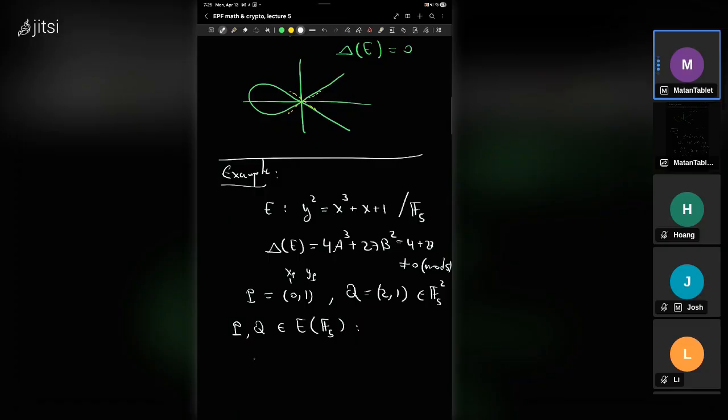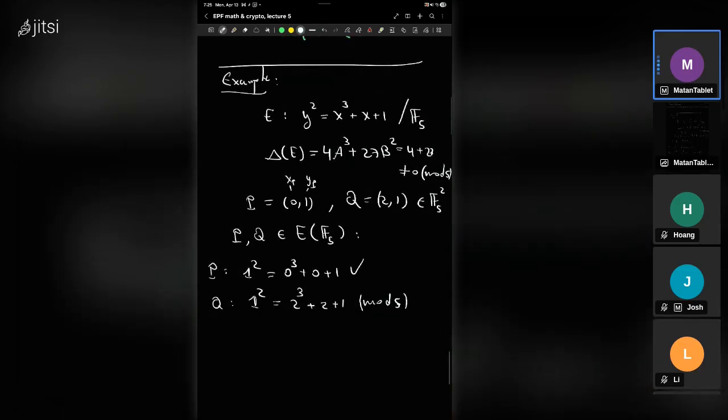I need to verify that 1 squared is equal to 0 cubed plus 0 plus 1, and this is okay. So P is on the curve. Q, I will verify that 1 squared is equal to 2 cubed plus 2 plus 1 modulo 5. And this is also true because this is 8, plus 2 is 10, plus 1 is 11, modulo 5 is 1.